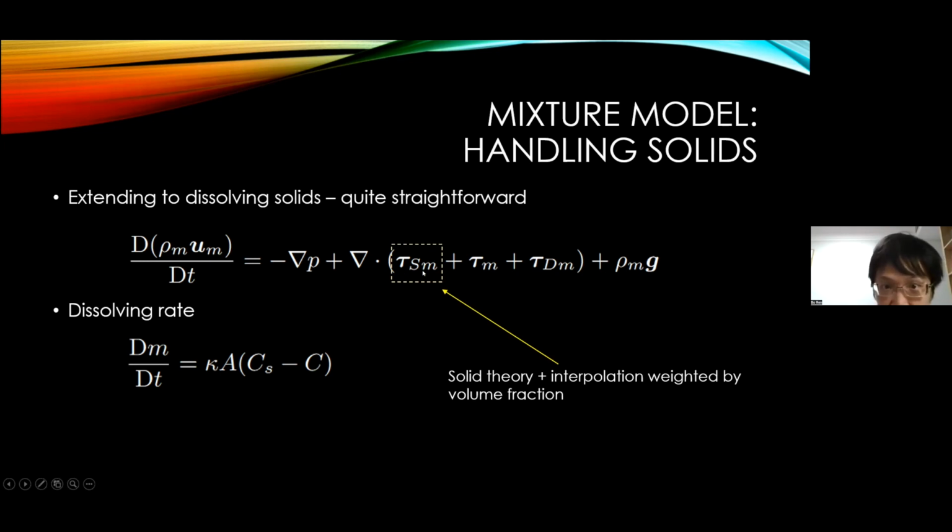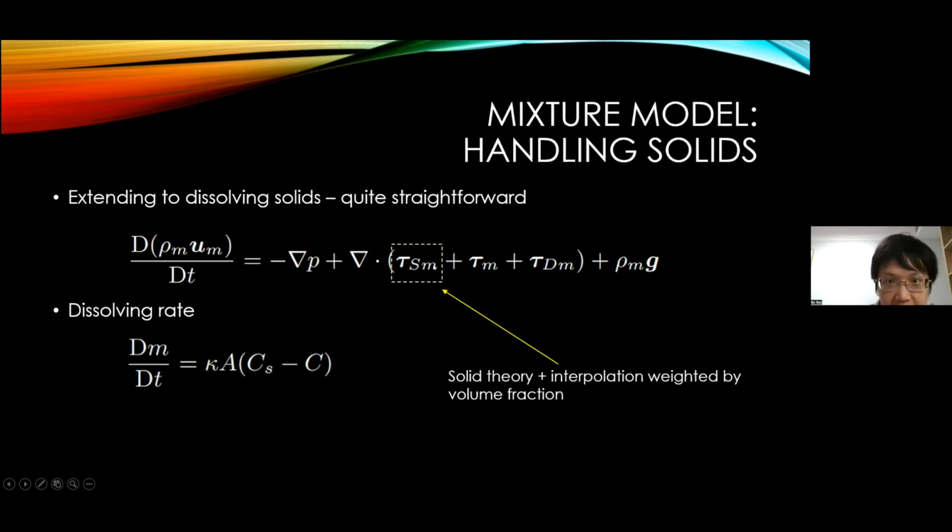This one is from the solid theory, actually from the solid model. You know that in fluid you will calculate the viscosity, or the divergence of the Gaussian stress tensor.